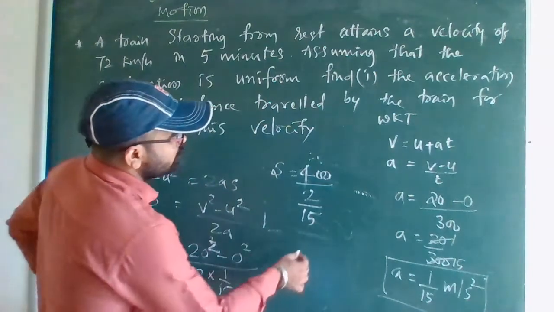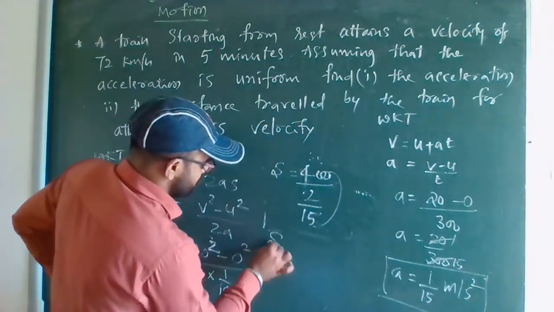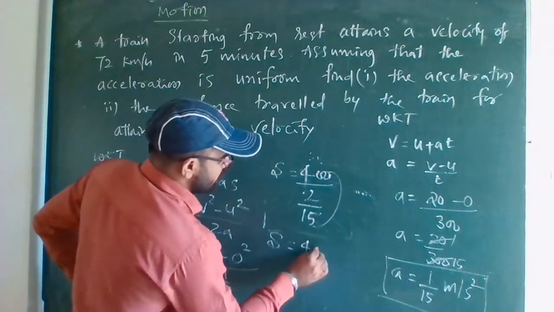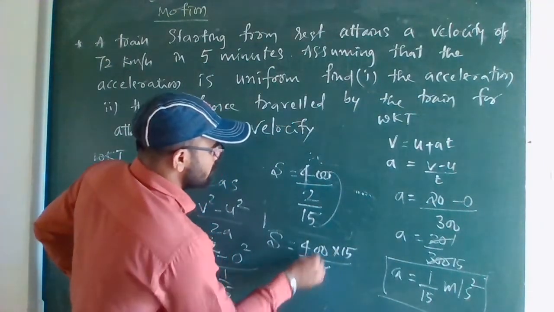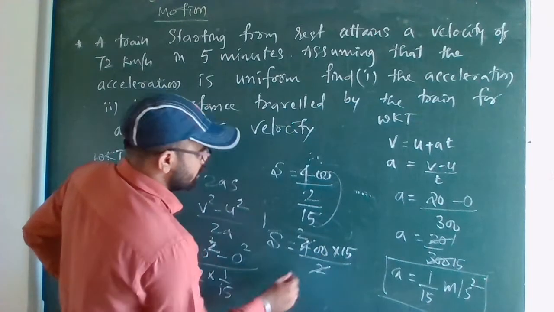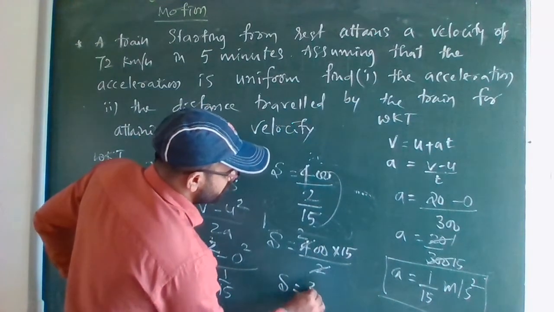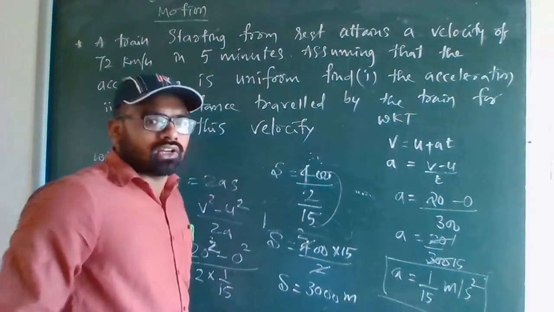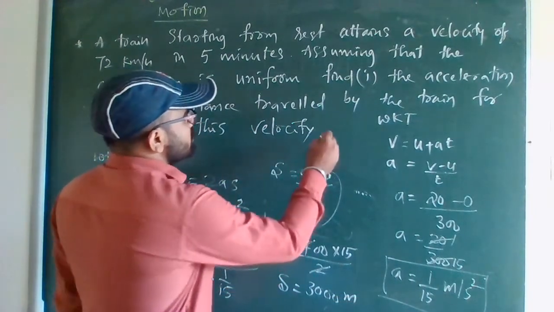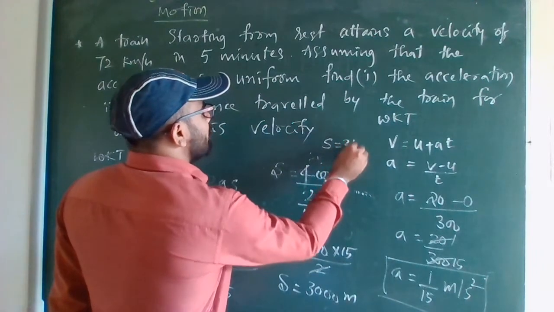So this will go to the upper side. S is equal to 400 into 15 divided by 2. 2 ones are 2, 2 twos are 200 into 15, that will give me 3000 meter. So S will be 3 kilometers.